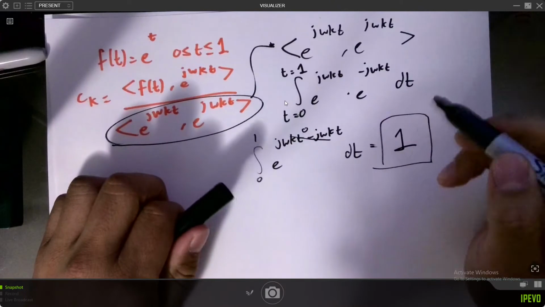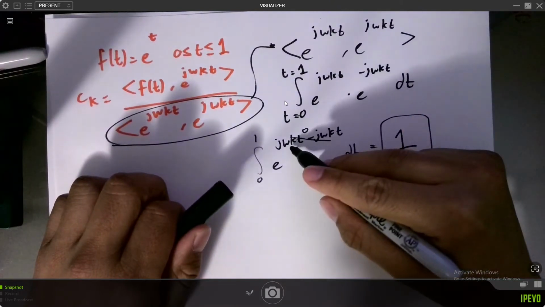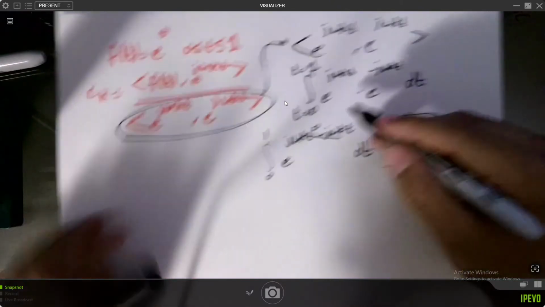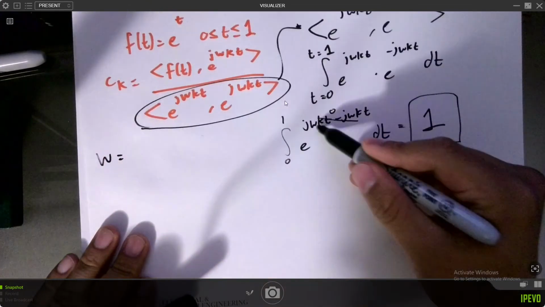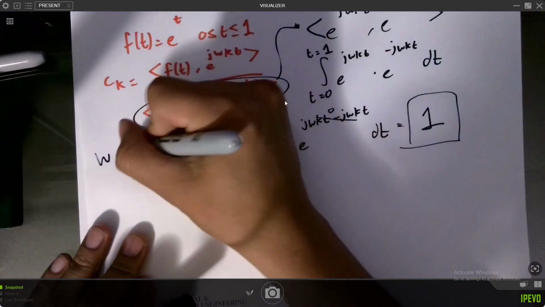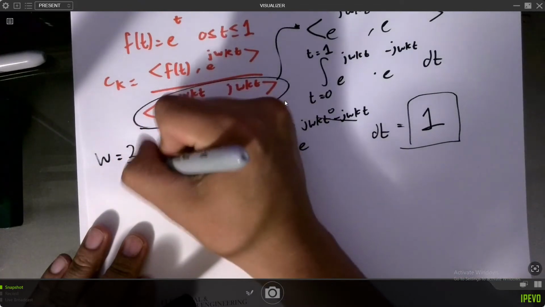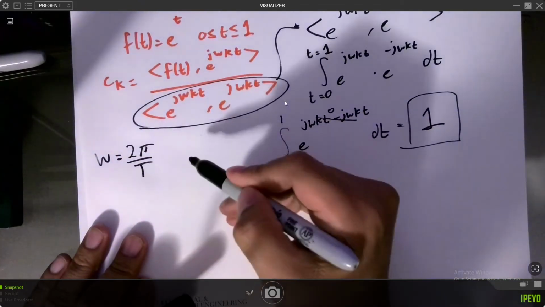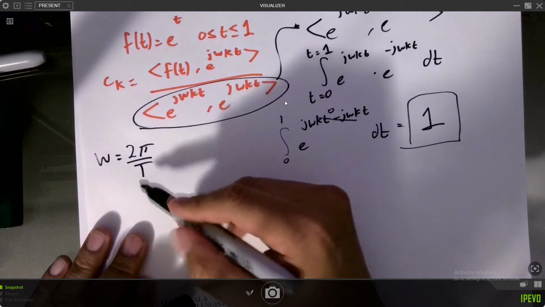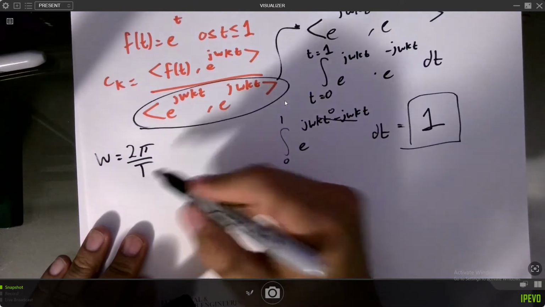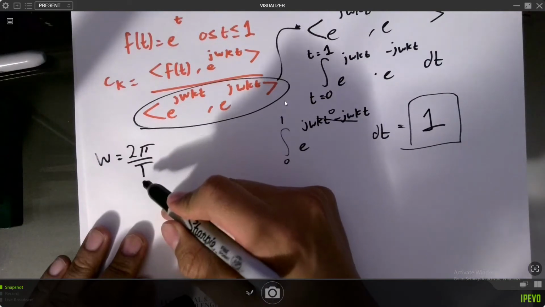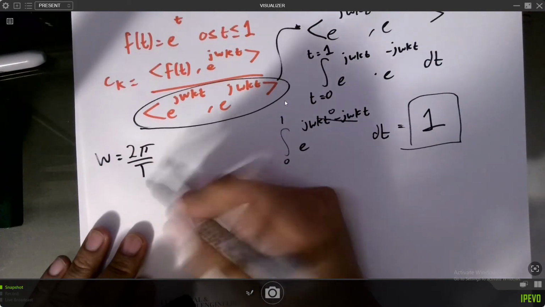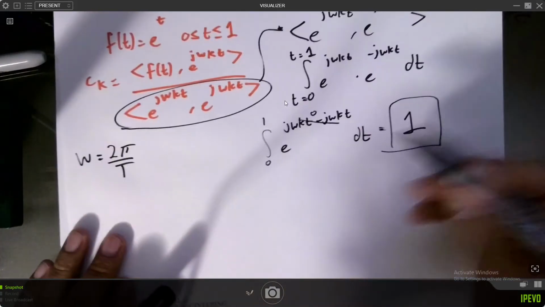There's another thing I have to mention. There's a rule we have to establish, where omega is equal to 2 pi over T, where T is our period. Right now it doesn't really matter that we have this T. Well, yeah, it does, because Dr. Stewart makes it so that T is equal to 1, so you don't have a pesky T somewhere there.